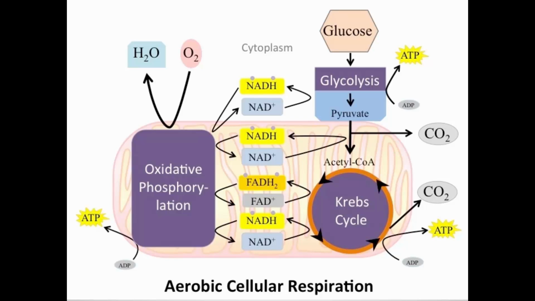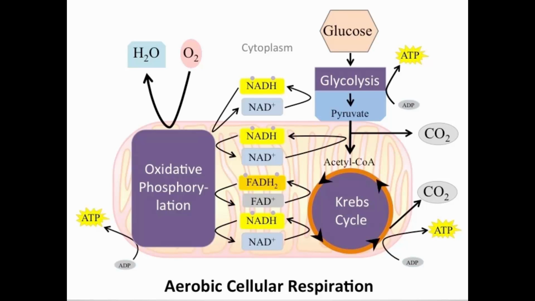So after they are oxidized, they can come back to the Krebs cycle or other parts to be reduced again. And so these molecules are just basically shuttling electrons back and forth between the Krebs cycle and the electron transport chain. And this process, the electron transport chain's ability to generate ATP, is called oxidative phosphorylation. It's adding that phosphate group to ADP through redox reaction.